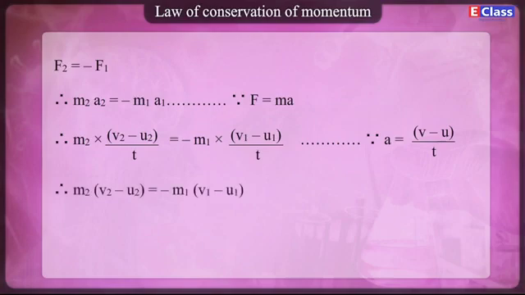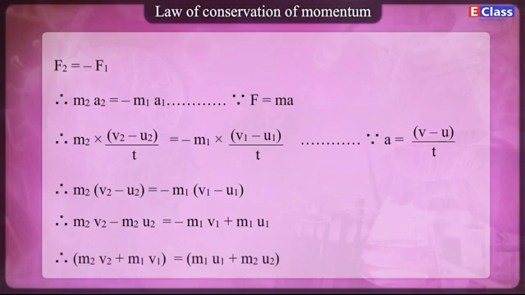Therefore, m2(v2 minus u2) is equal to minus m1(v1 minus u1). Therefore, m2 v2 minus m2 u2 is equal to minus m1 v1 plus m1 u1.